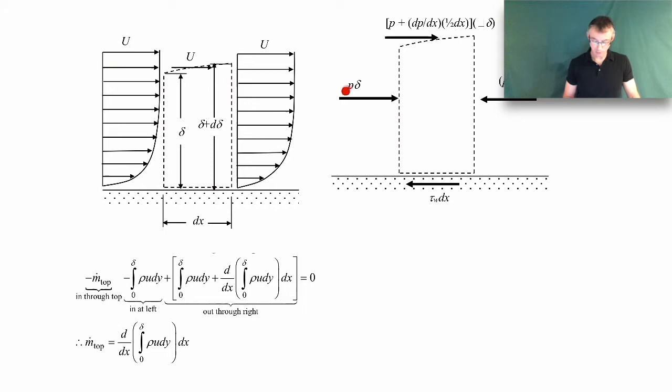If the pressure is P here, and then P plus dP over dx times dx, then the pressure on the top will be the average between those two. It'll be exactly in the middle because it's such a small control volume. So the pressure up here is P plus dP/dx times 1/2 dx. That's the average, and it'll be multiplied by this little height here, the projected area in the x direction, which is just d delta.